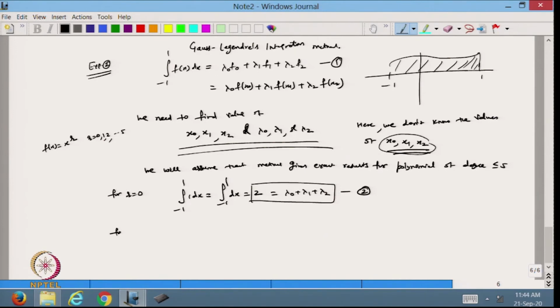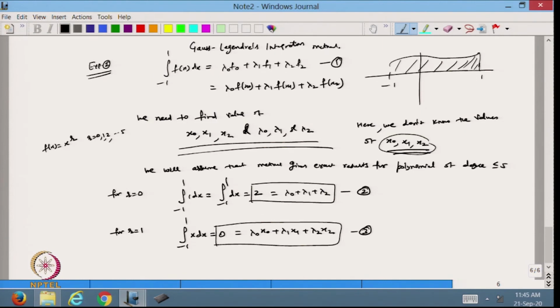Then for r is equal to 1, I will get the integral from minus 1 to 1 of x dx, and this is an odd function, so its value is 0. This will be equal to lambda naught into x naught plus lambda 1 into x 1 plus lambda 2 into x 2. So, that is my second equation.